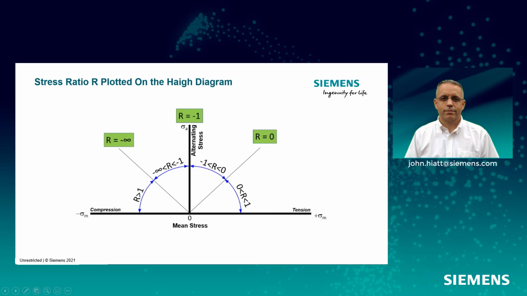What the Haigh diagram does is plot the loading cycles as a function of mean stress on the x-axis and the amplitude of the alternating stress on the y-axis. So all my tension is over here, and all my compression is over here. And then you can see the R ratio ranges. The Haigh diagram is used for mean stress corrections, and it's used for infinite life analysis.